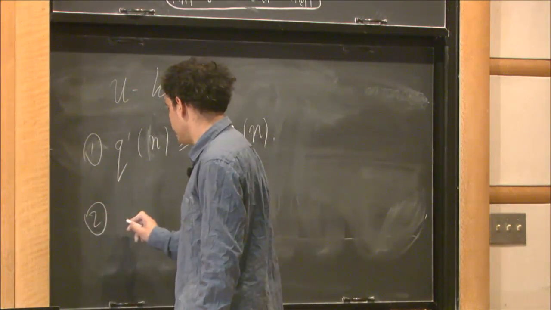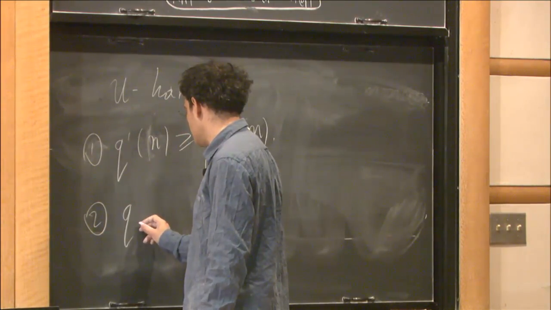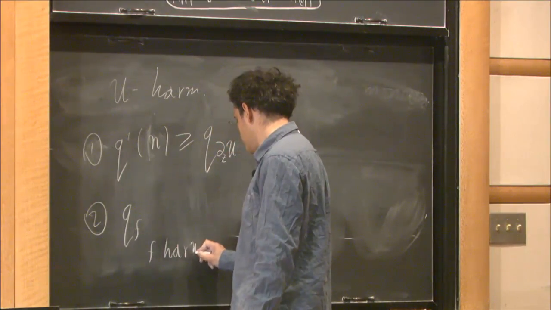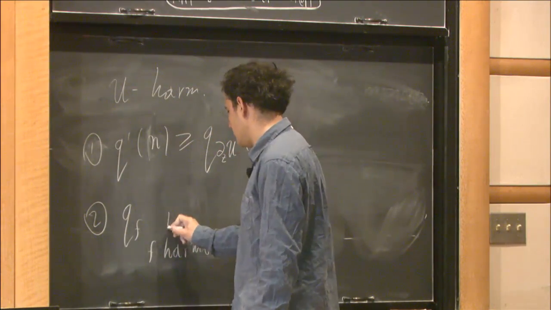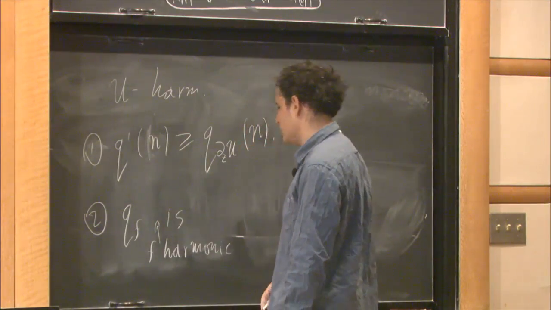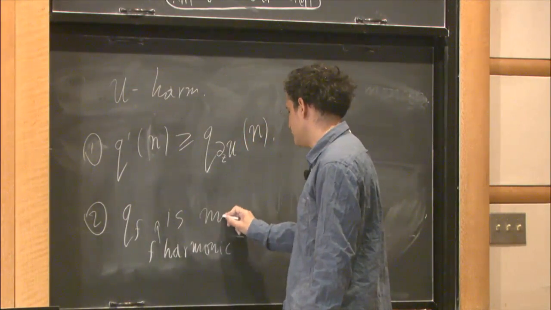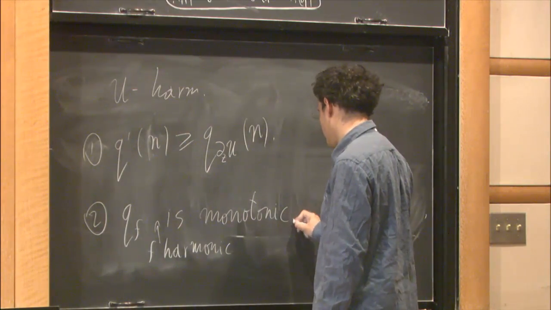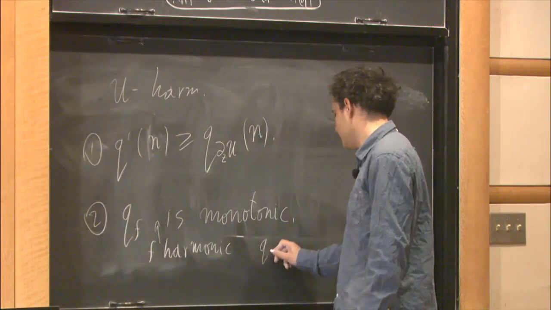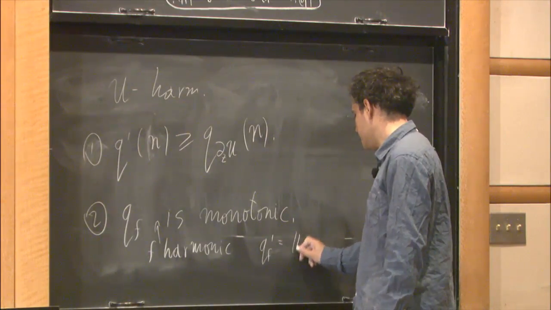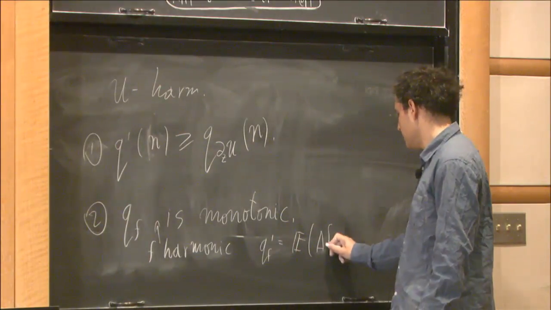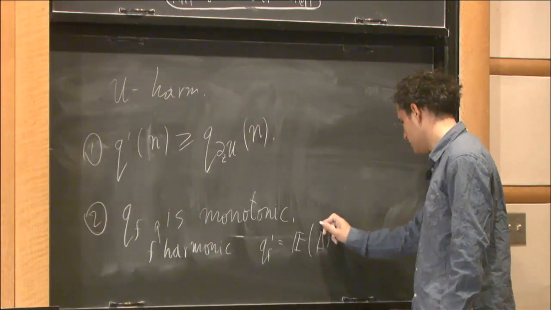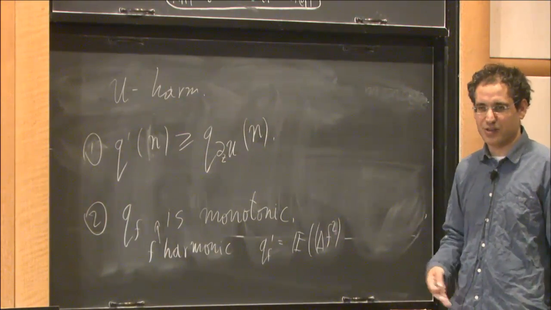And for any harmonic function f, it is true that its Q function is monotonic, just because its derivative is the expectation of the Laplacian of f squared, but the Laplacian of f squared is always non-negative in any situation.